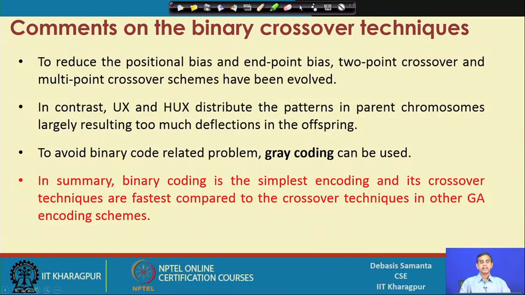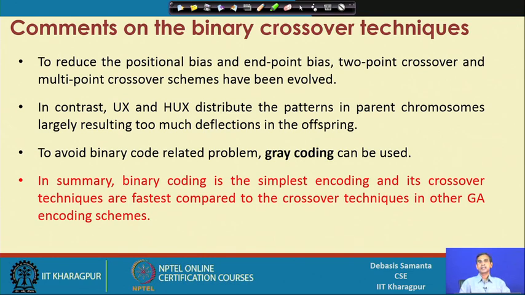There are many other ideas also. We have discussed the different crossover techniques in the context of binary coded GA. Sometimes, other than binary coding, people follow gray coding, which is another concept that is also helpful to solve many of the problems we have discussed, that means position bias, end point bias or the Hamming cliff problem.